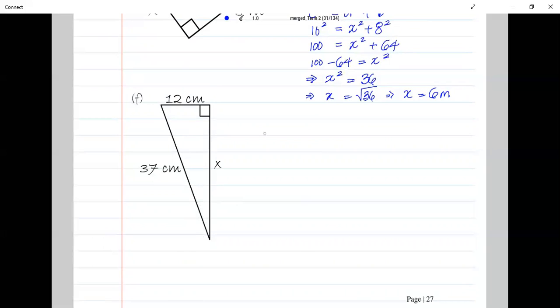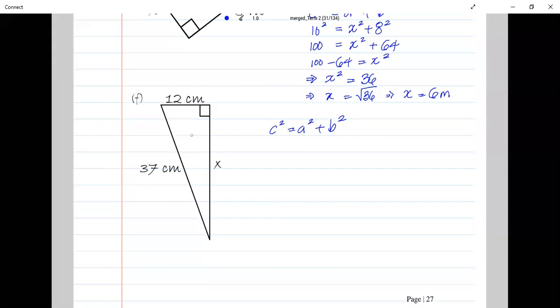The Pythagoras Theorem formula is C squared is equal to A squared plus B squared. In the Pythagoras Theorem formula, C is the hypotenuse, and A and B are the other 2 sides.